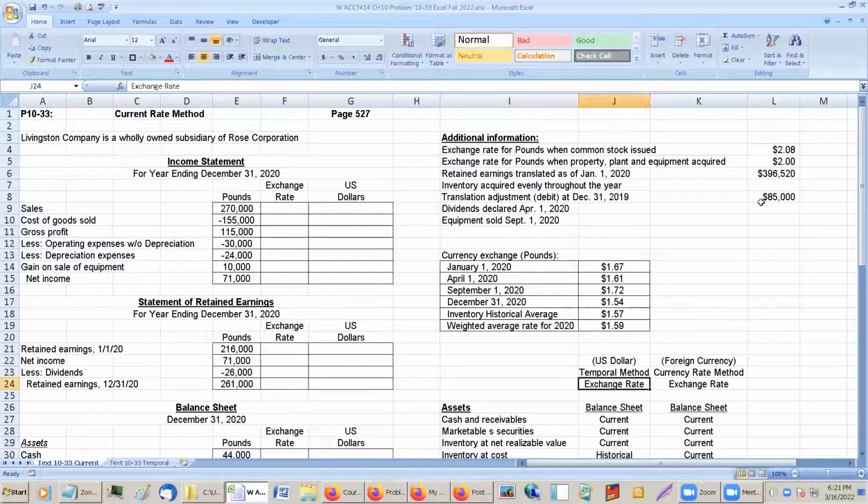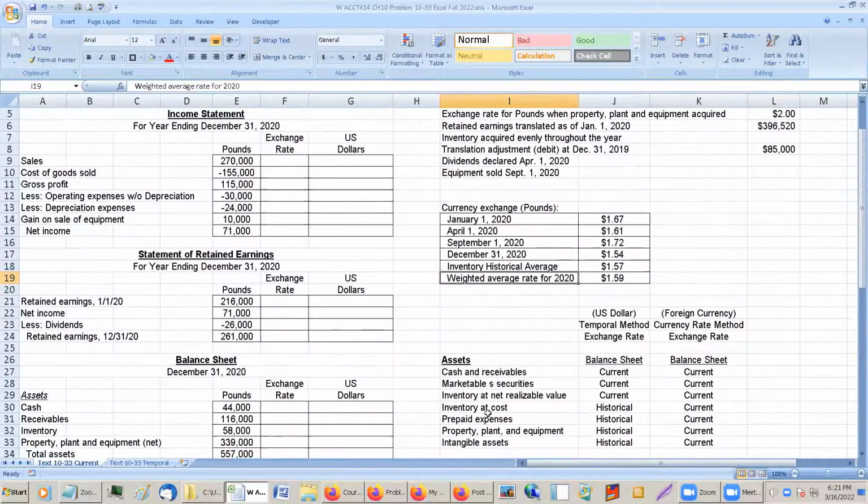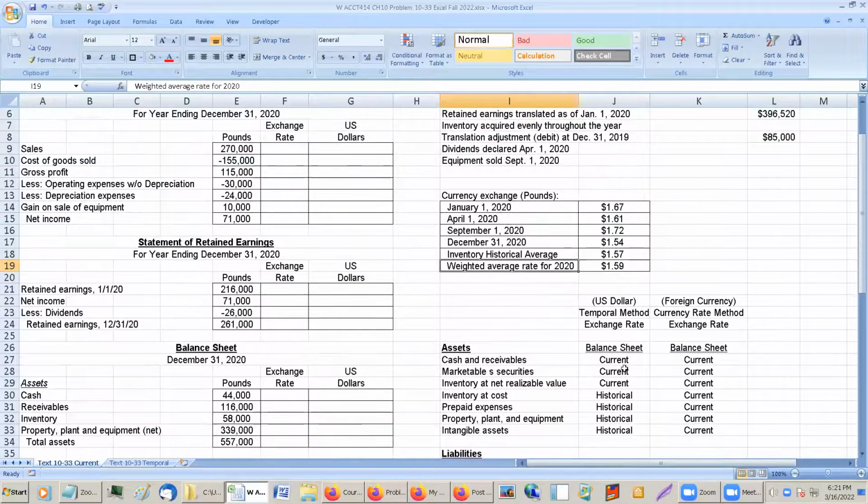So here they give us some of the exchange rates up here. Common stock, pipeline equipment, and so on. And they give us some more exchange rates down here. I think I use this one to do my handouts. I think this is the one that I kind of use the format of.